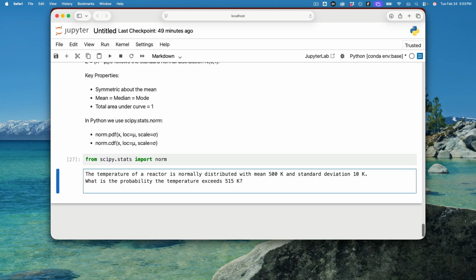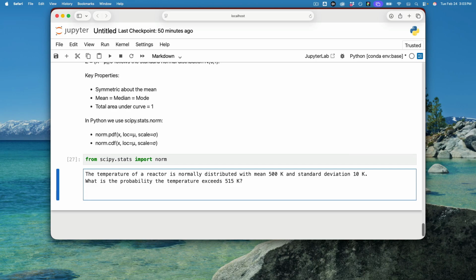The temperature of a reactor is normally distributed with a mean value of 500 K and standard deviation of 10 K. What's the probability that the temperature exceeds 515? So they're telling us this is a normal distribution. We know mu and sigma. This is P of X greater than 515.